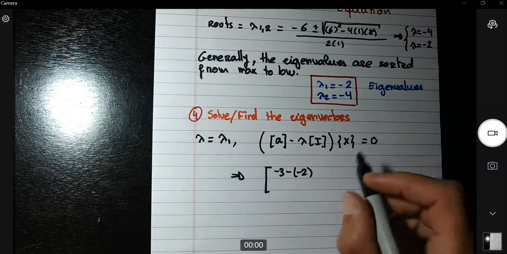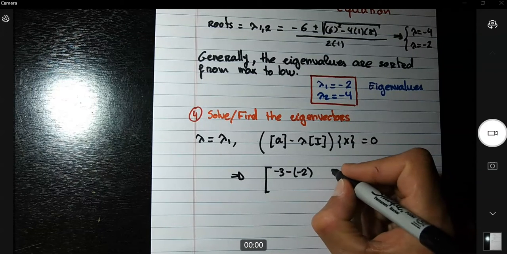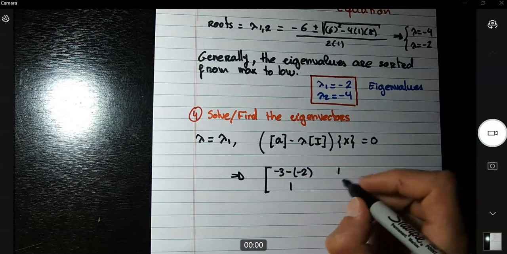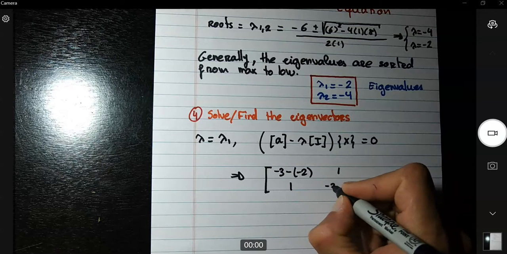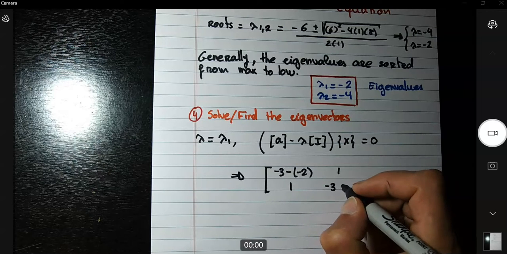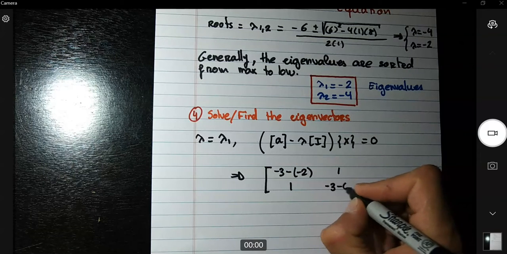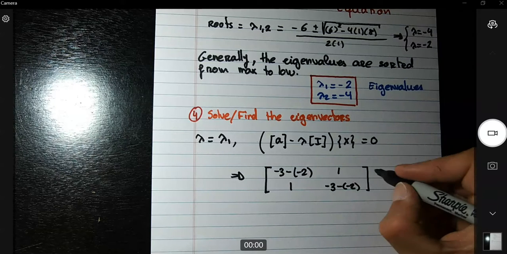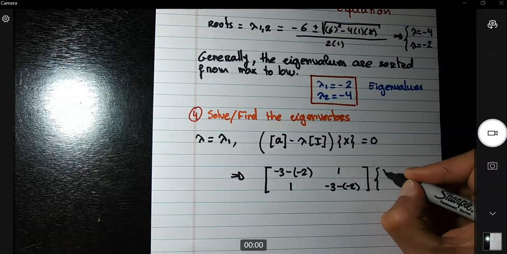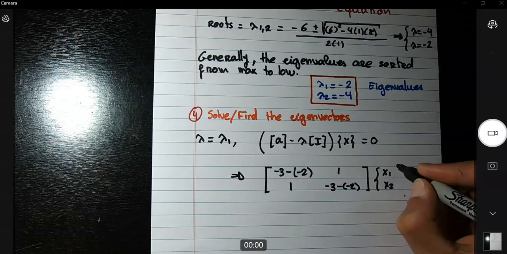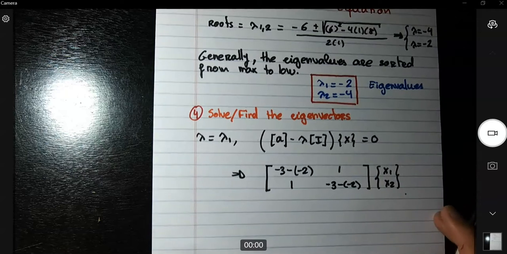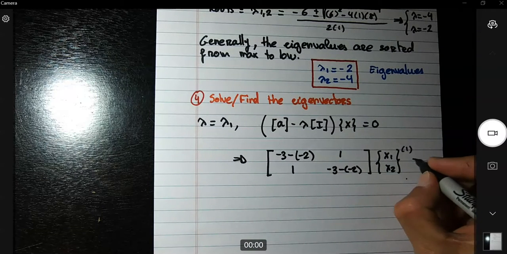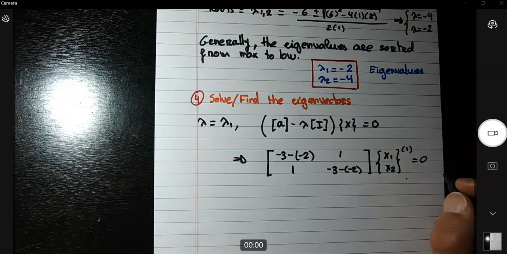Then we get the 1 value that we had. And on this side we get the same thing, minus 3 minus 2. Then we have x1, x2, and to make sure that we know this is for the first value, we add a little 1. And this must be equal to 0.